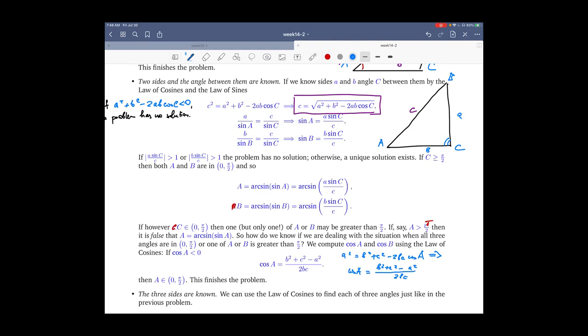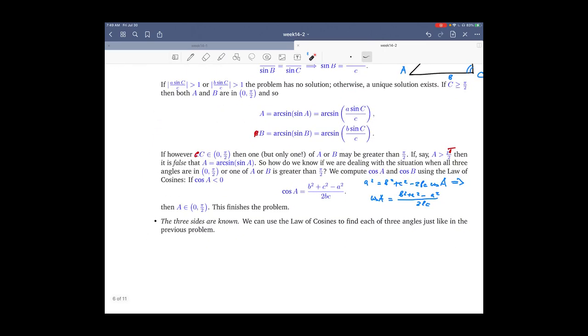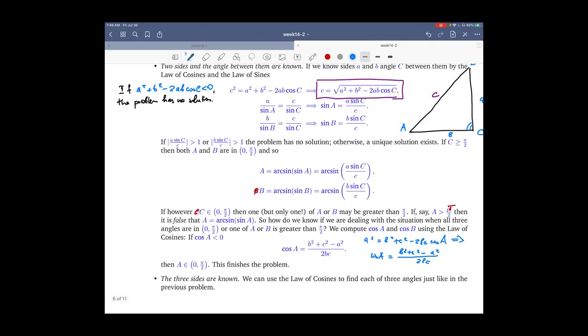And now, in fact, you don't need any of that at all. You can find cosine A like this.